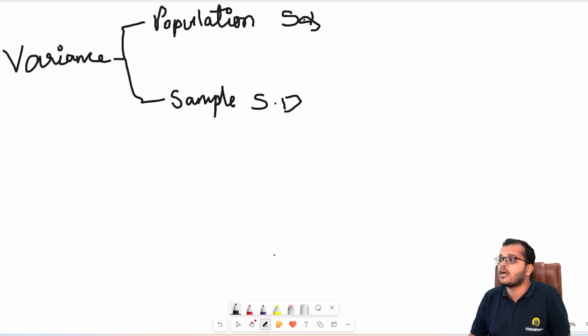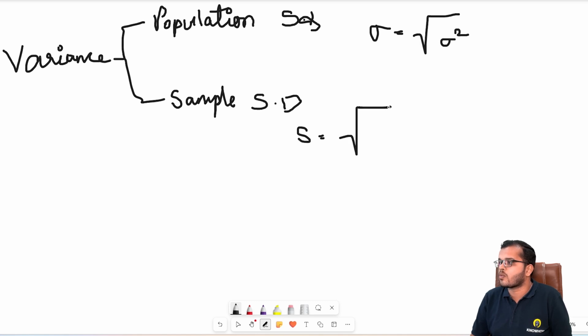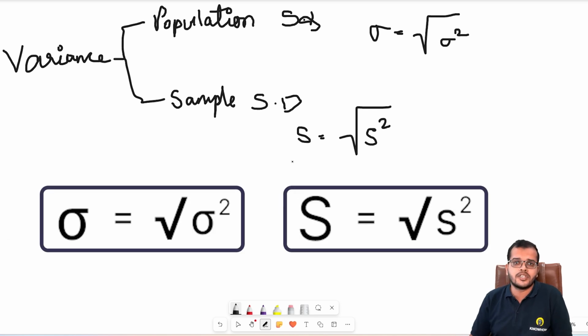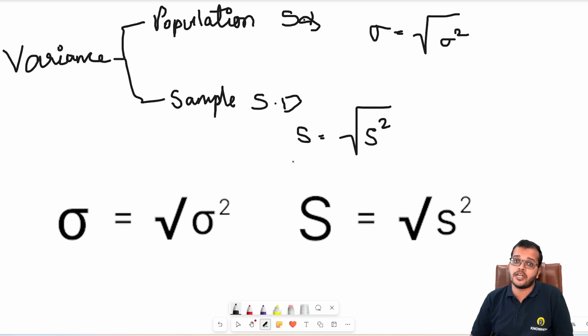So what is the formula for population standard deviation? We denote it with sigma equal to square root of sigma square. In the same way, sample standard deviation we denote with s equal to square root of s square. This is the general way we denote the population standard deviation and the sample standard deviation.